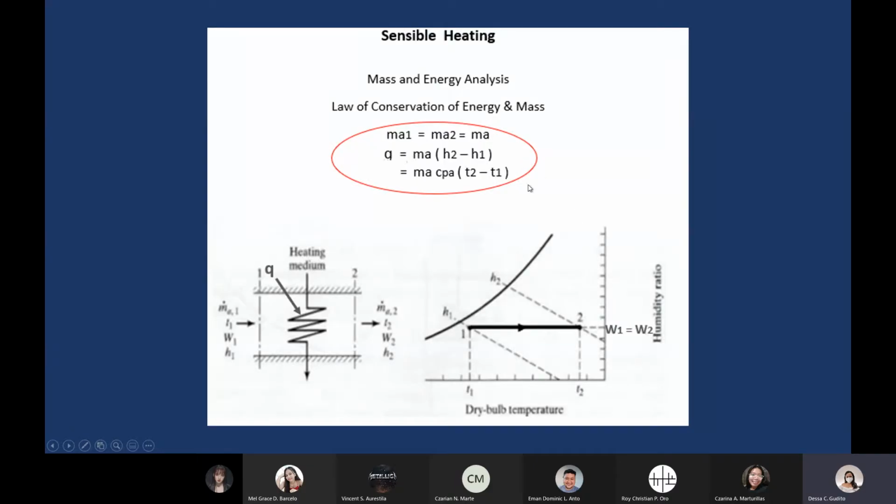Sensible heating is the reverse: sensible cooling goes from right to left, while sensible heating goes from left to right.